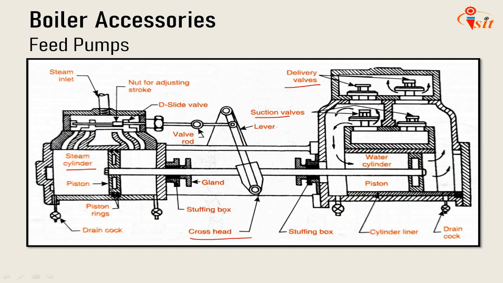It utilizes the centrifugal force of the rotating impeller for pumping the liquid from one place to the other. So that is about the feed pump. That may be single acting pump or double acting pump which is commonly used in the medium size boilers.